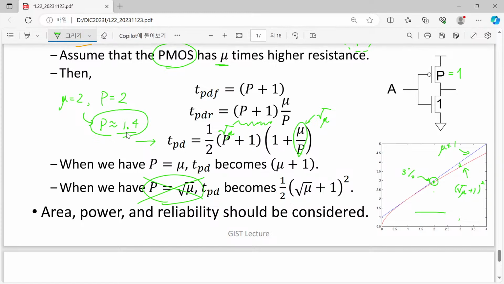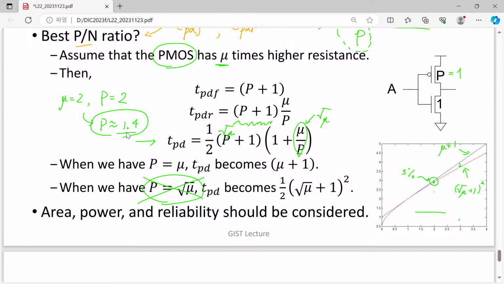Wow, good. Then why don't you just try this approach? But in reality, this is not the choice, because it will introduce once again certain imbalance between our propagation delays.